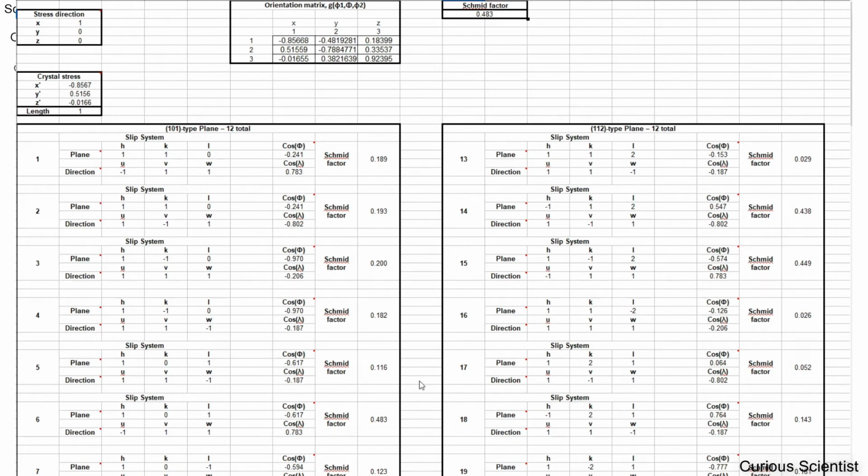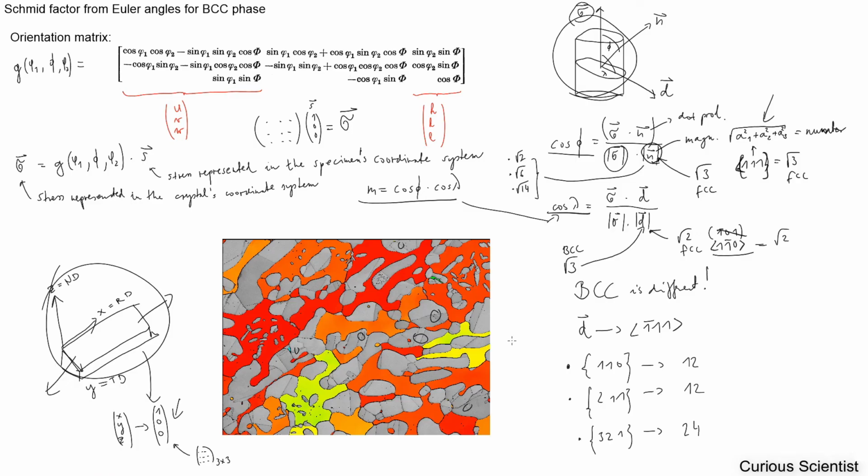So let's jump back to the pictures. So here we are. And now let's check the software that I wrote, and let's go through some of these pixels. First of all, let me highlight that I took a pixel for my Excel sheet demonstration from here.